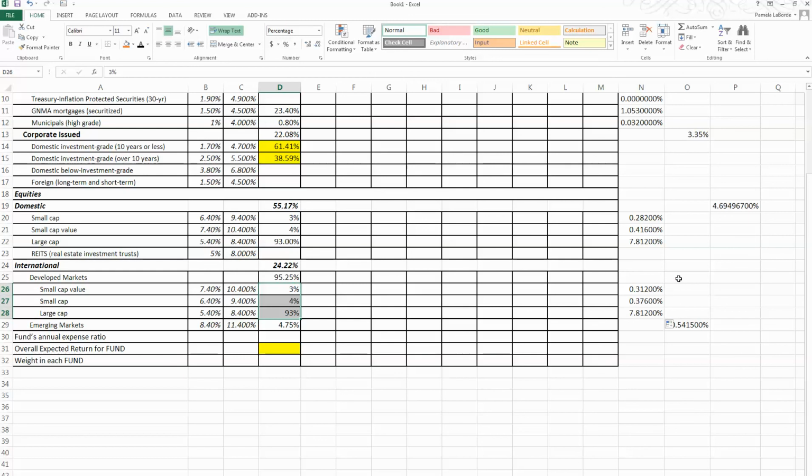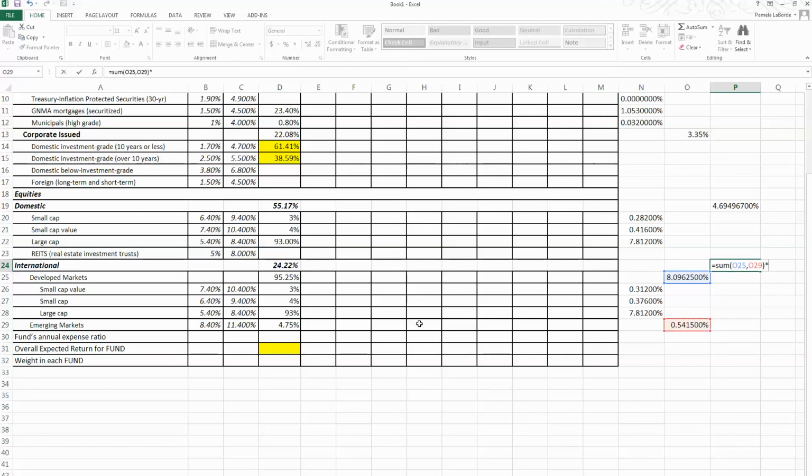So now I take the sum of these three numbers, multiply by the 95.25% weight to get this 8.9%. And now over here, to get the international contribution, I will sum these two values. I think I need to put a comma there.